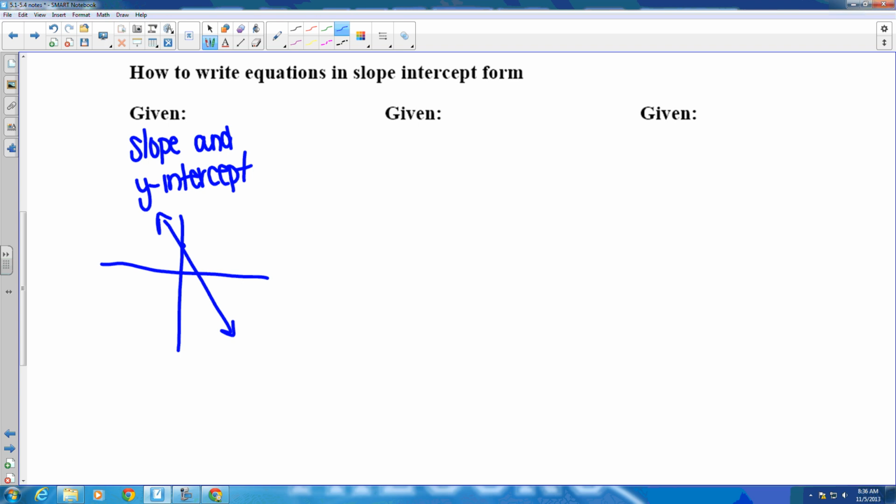So we are given this point, and we're given the slope. So we figure out rise over the run. You're going to substitute m and b into the equation y equals mx plus b.